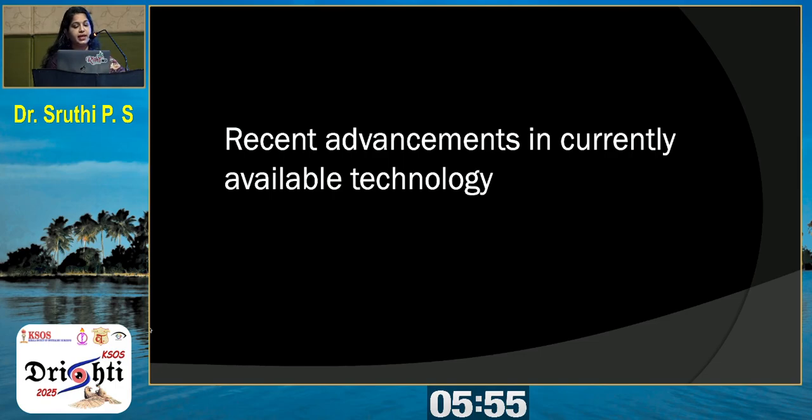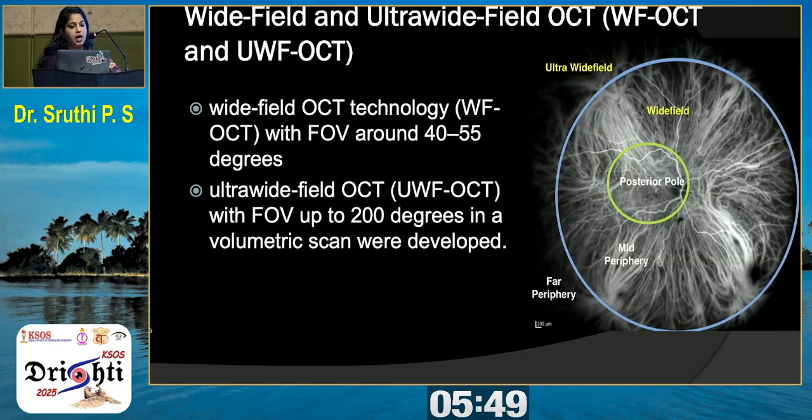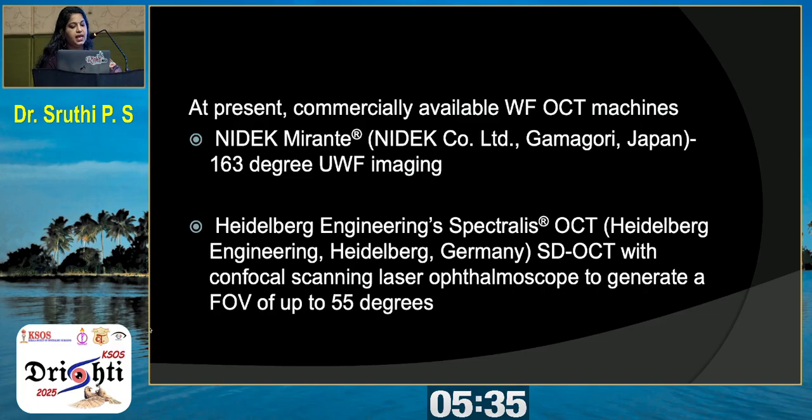Coming to the recent advances in currently available technology, we now have wide field and ultra wide field OCT. Wide field OCT gives an FOV of around 40 to 55 degrees, and ultra wide field is an FOV of around 200 degrees. The presently commercially available wide field OCT machines are the Nidek machine, which can get up to 163 degrees of ultra wide field imaging.